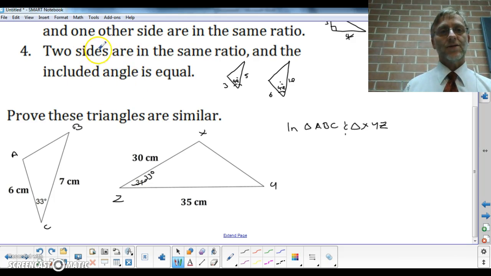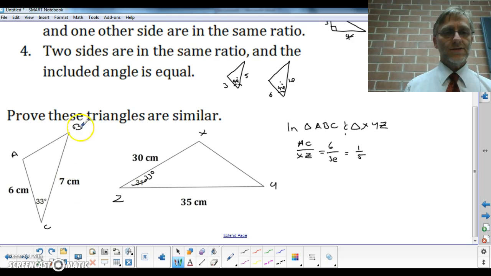Two sides are in the same ratio and the included angle is equal. Two sides are in the same ratio. Let's prove that. I'm going to look at the ratio of AC to XZ. AC is 6, XZ is 30. So that's 1/5.